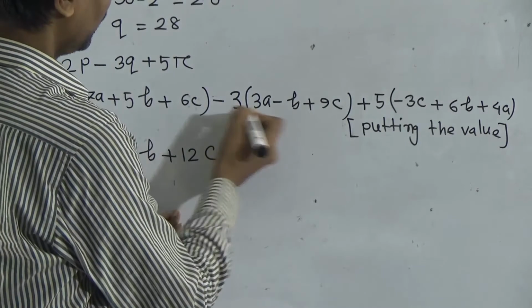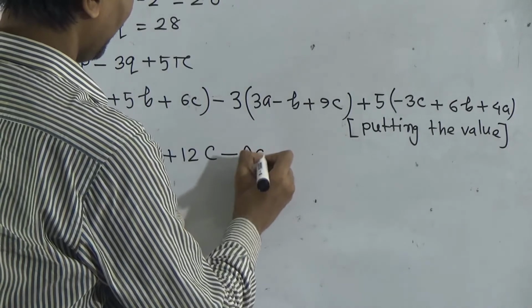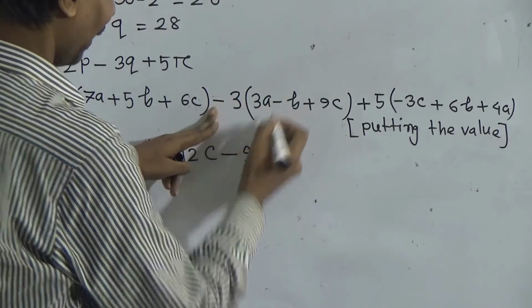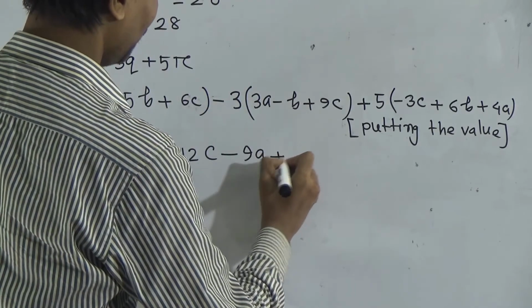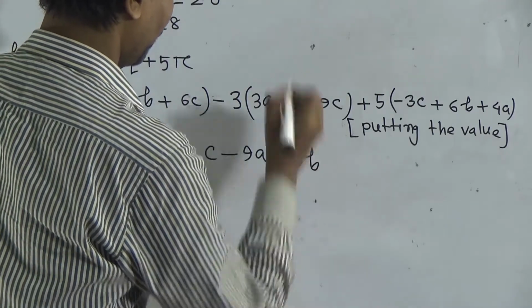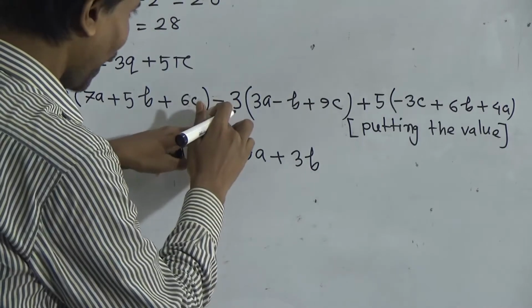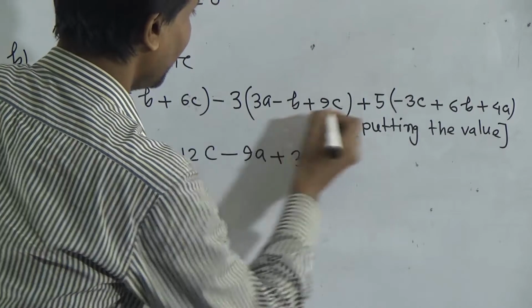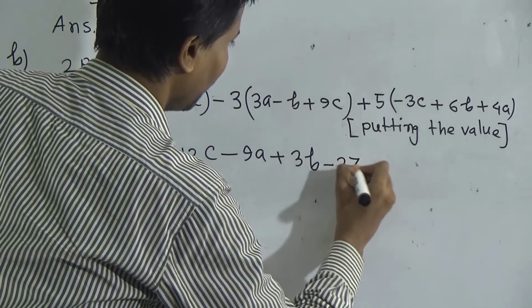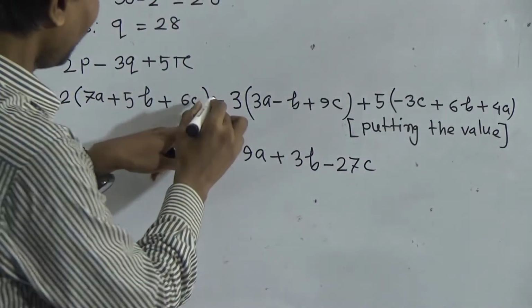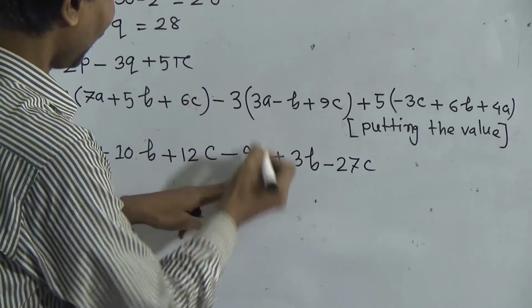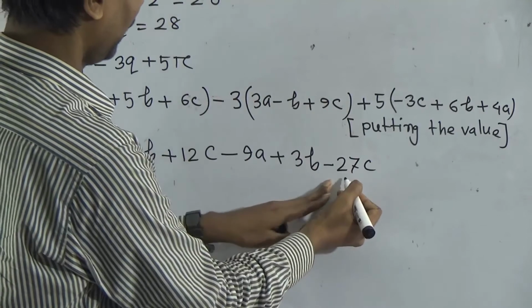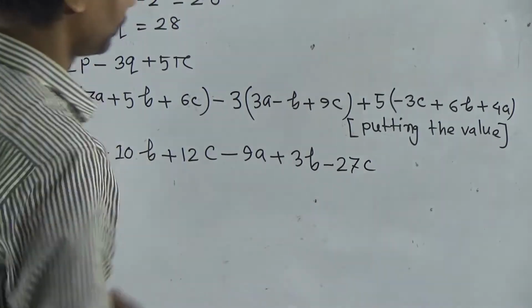Now 3 threes are 9A, minus and this minus, minus times minus is plus, that means 3B. Minus times plus is minus, 3 nines are 27C.